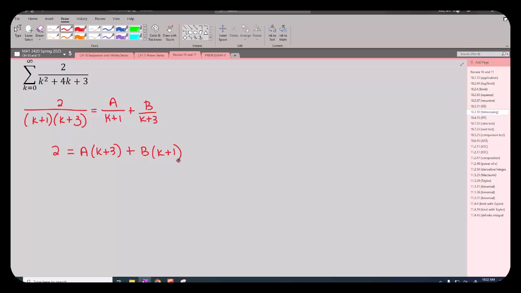Sometimes we use the convenient value method. Sometimes we use the traditional method. When everything is linear, the convenient value method is really a nice way to go. So let's go ahead and use it. Those convenient values are the zeros of the denominators.